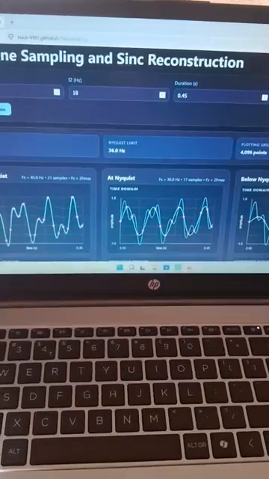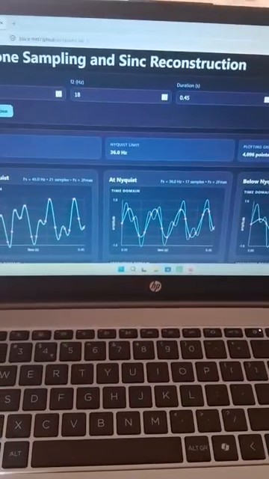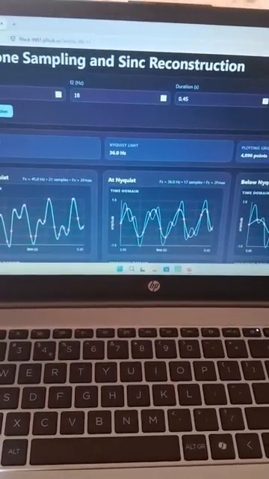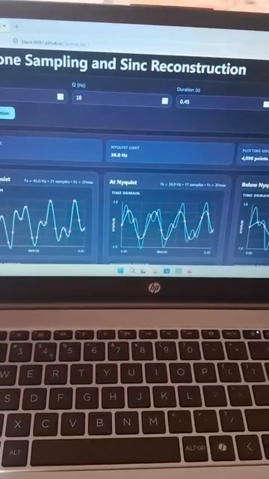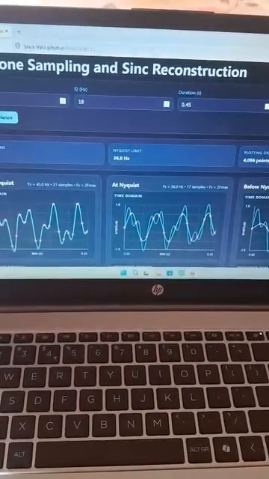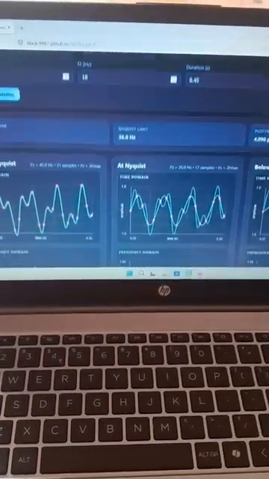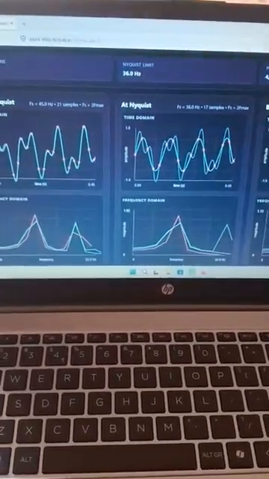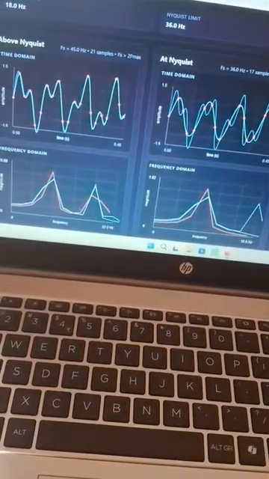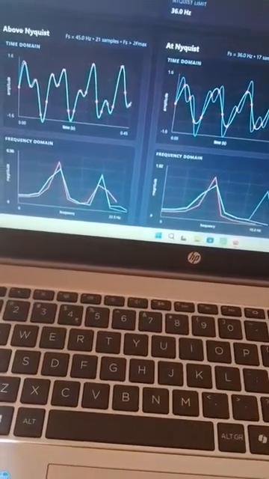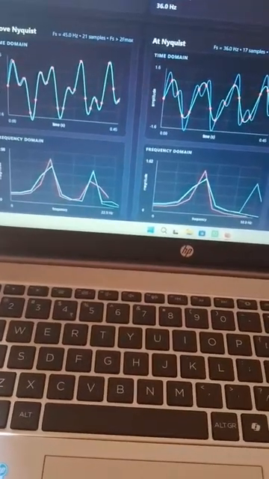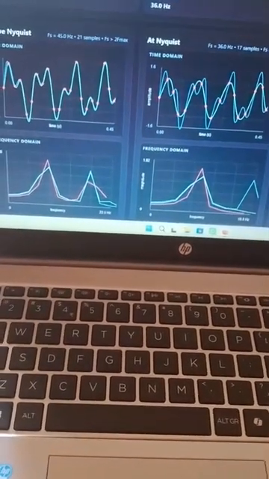According to the Nyquist sampling theorem, the sampling frequency must be at least twice the highest frequency of the signal for proper reconstruction. Therefore, the Nyquist frequency equals 2 f max equals 2 times 18 equals 36 Hz.